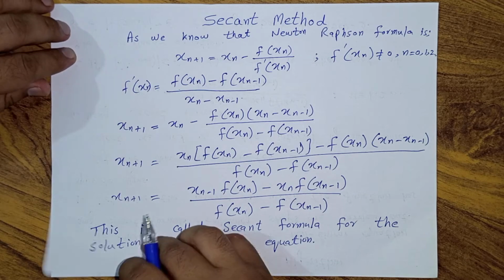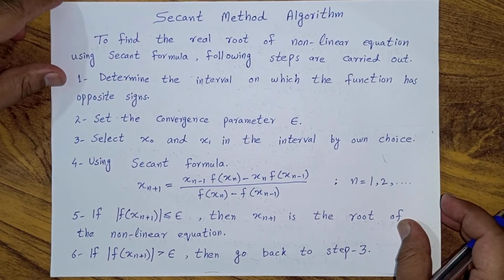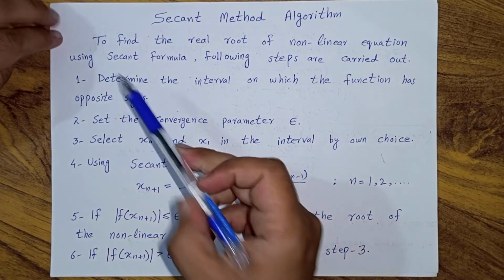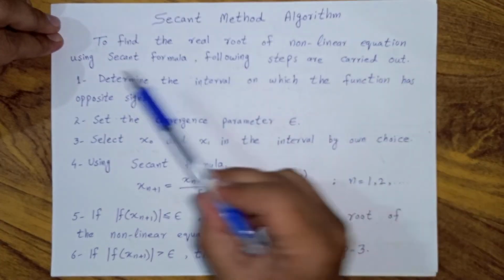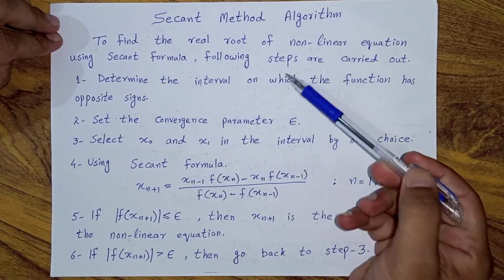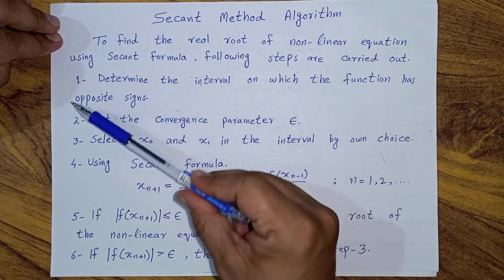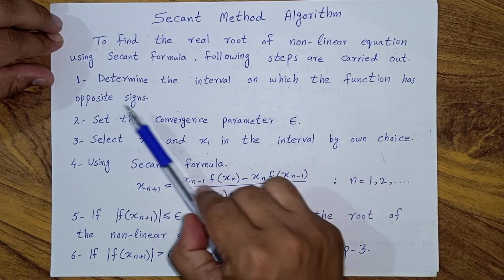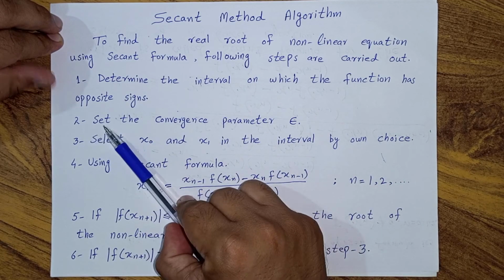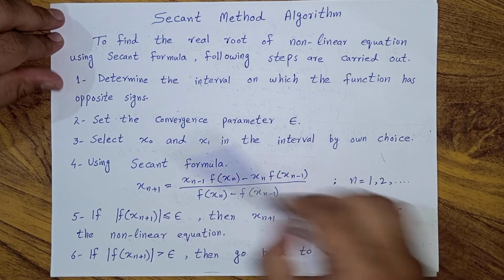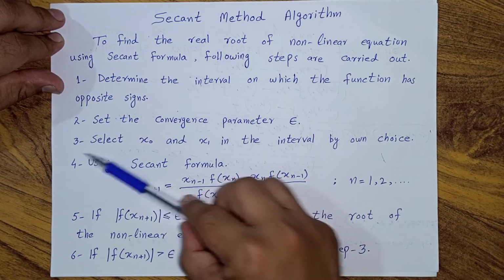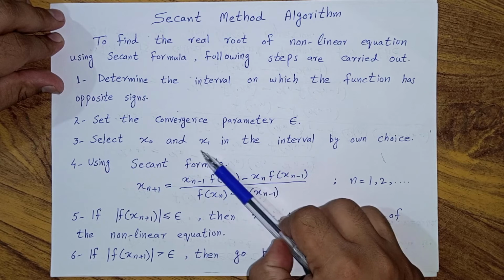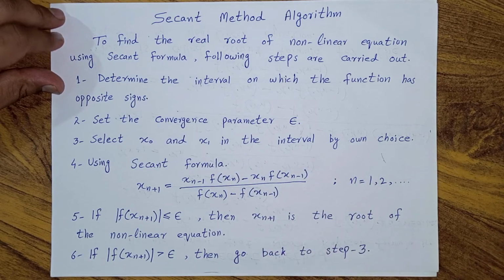Next, we discuss the algorithm for the secant method. To find the real root of a non-linear equation using the secant formula, the following steps are carried out. Step 1, determine the interval on which the function has opposite signs. Step 2, set the convergence parameter epsilon. Step 3, select x0 and x1 in the interval by your own choice.